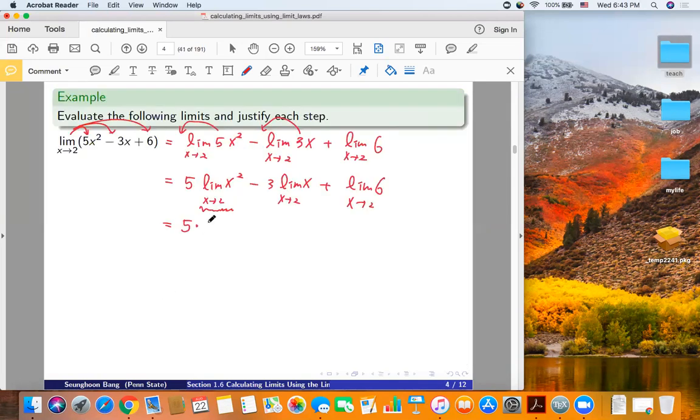So here, only plug 2 into x, 2 squared, minus 3 times what is the limit of x as x value approaches 2? Is it 2? Yes, the answer is 2.